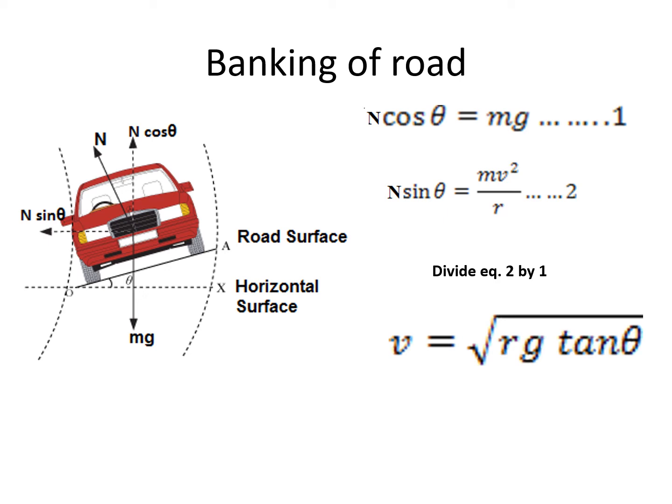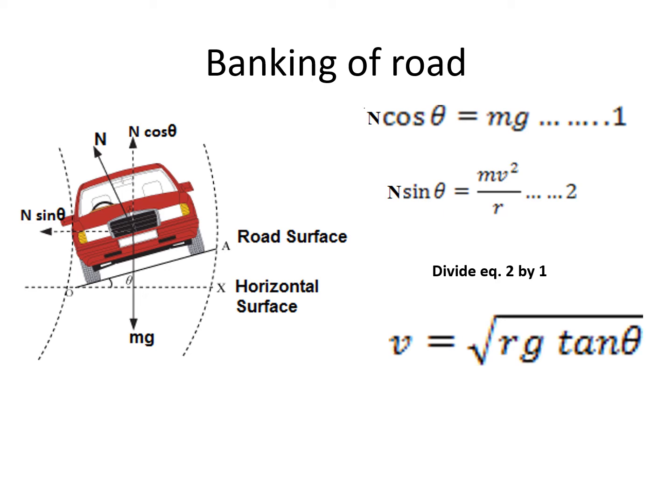Now let us see what are the forces acting on the car. The forces that are acting on the car: its own weight mg vertically downward. The normal reaction, which should be normal to the road surface, is now getting split into its components as N cos theta and N sin theta.